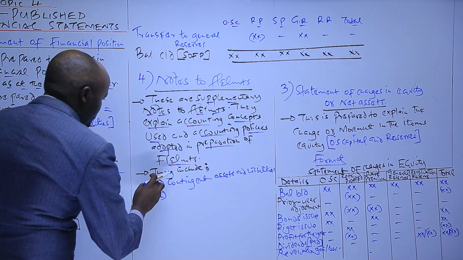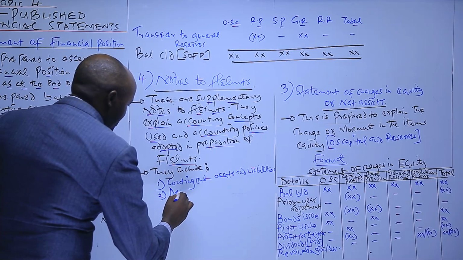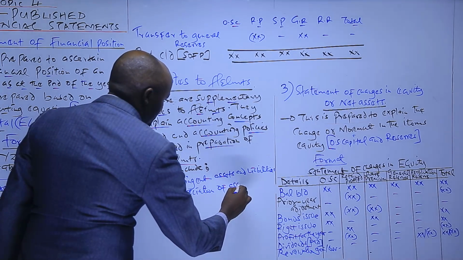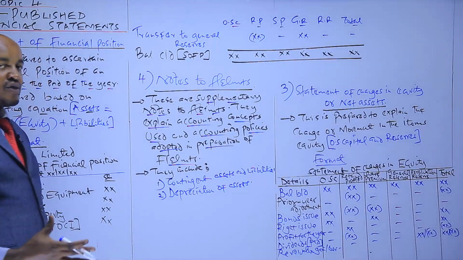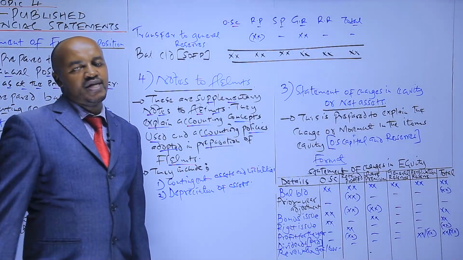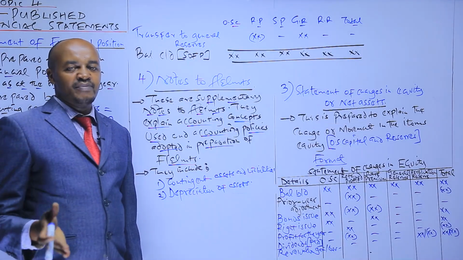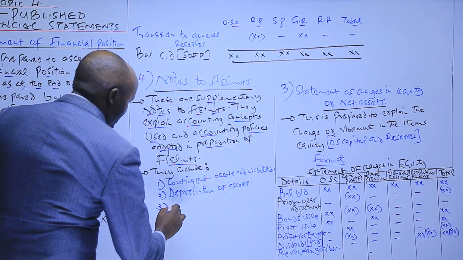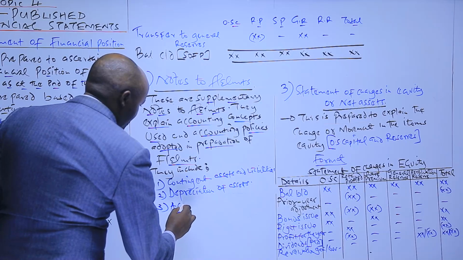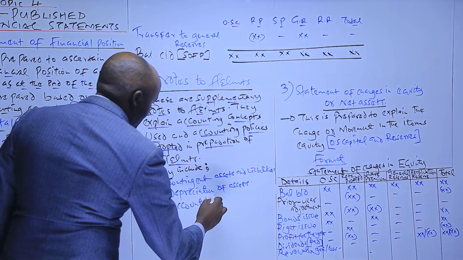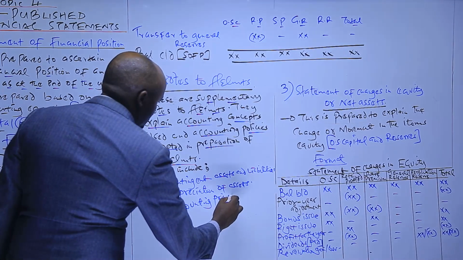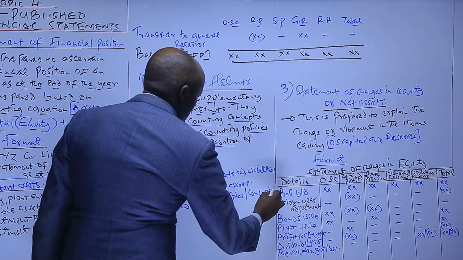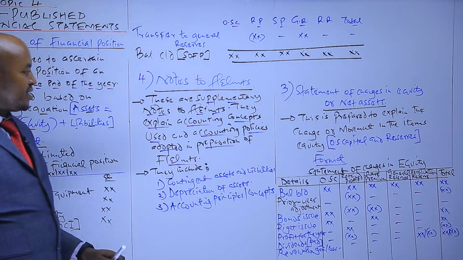Number two, these notes also include the depreciation of assets, where the company will explain which accounting policy it used, depreciating assets using the straight line method or reducing balance method. That's what the company will explain in the notes. They will also include the accounting principles or concepts used by the company in preparing financial statements.